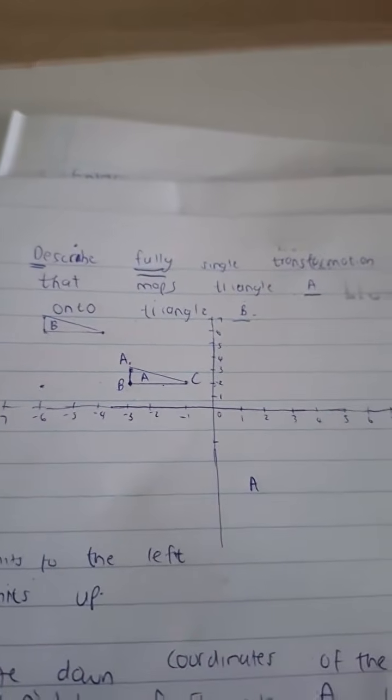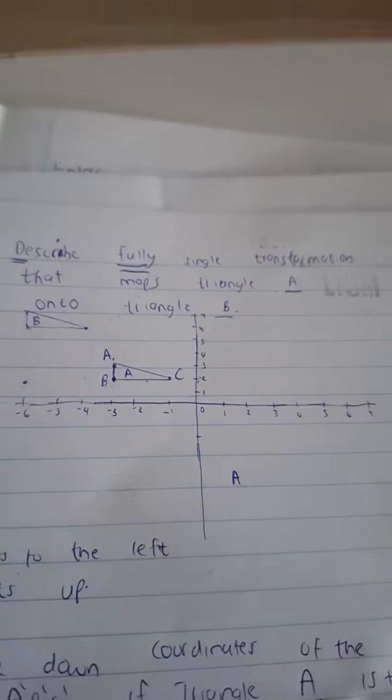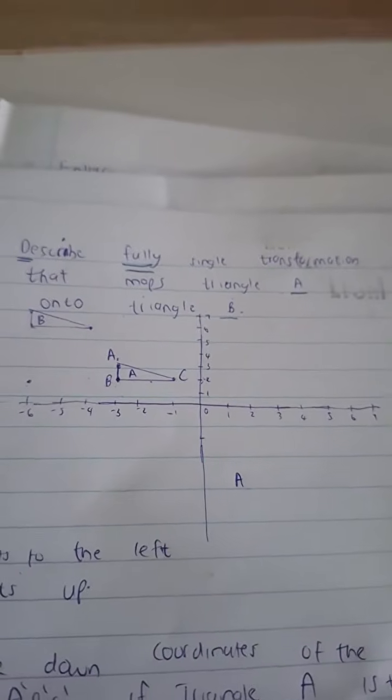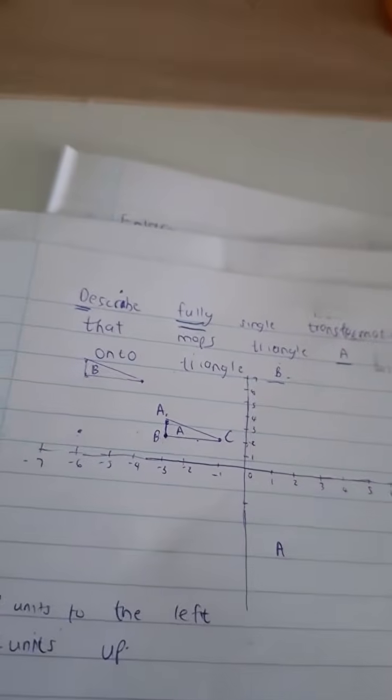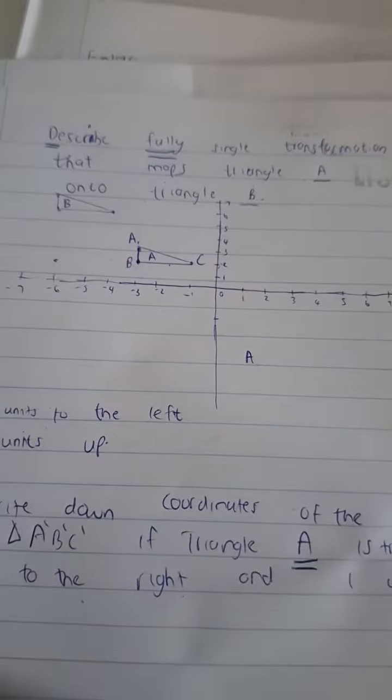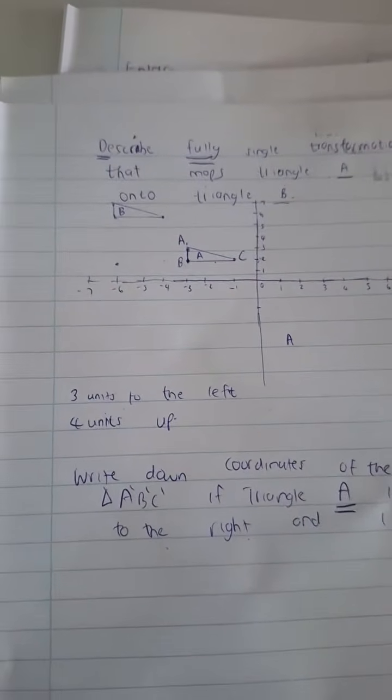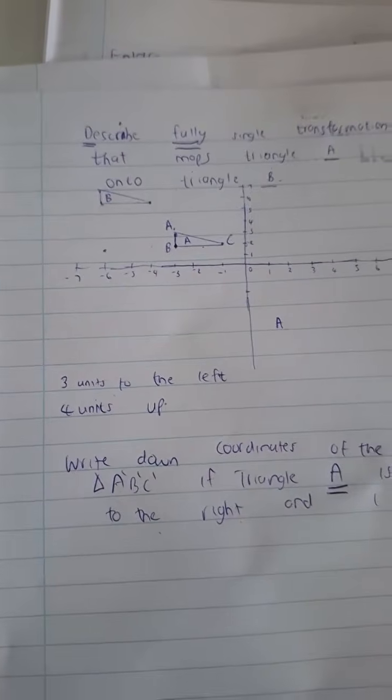What are the coordinates of A from what you can see?